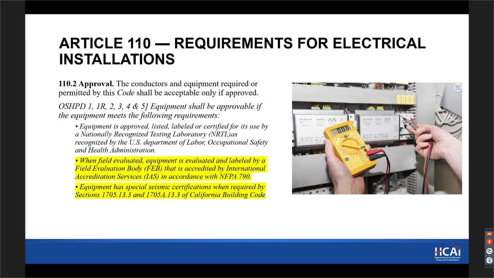Approval. We've always had the requirement that equipment is approved if it's listed by a nationally recognized testing laboratory. We've also added in, when field evaluated, equipment is evaluated and labeled by a field evaluation body accredited by the International Accreditation Service.